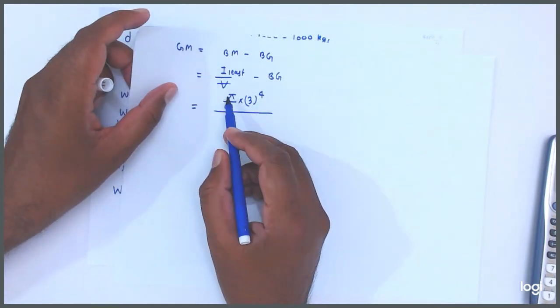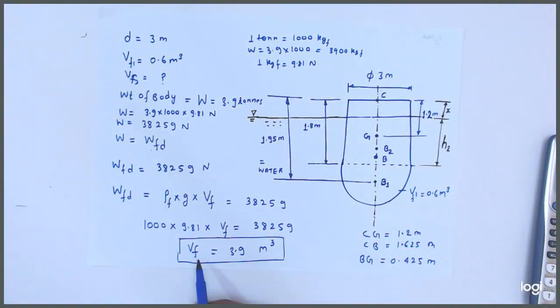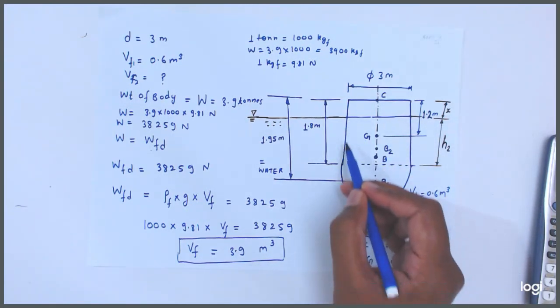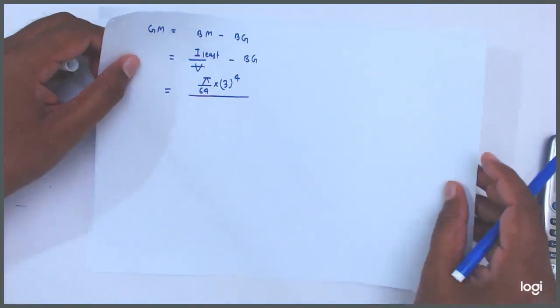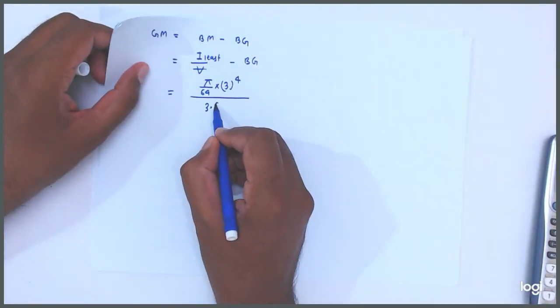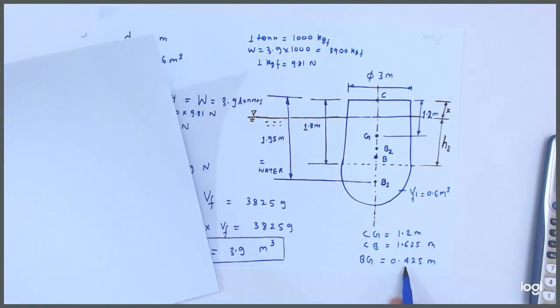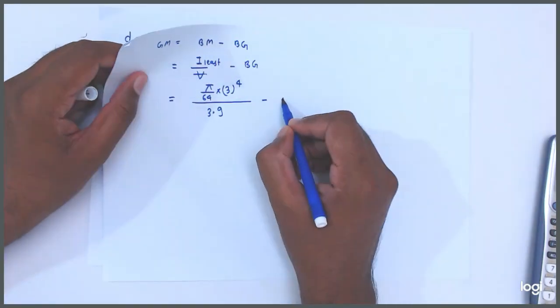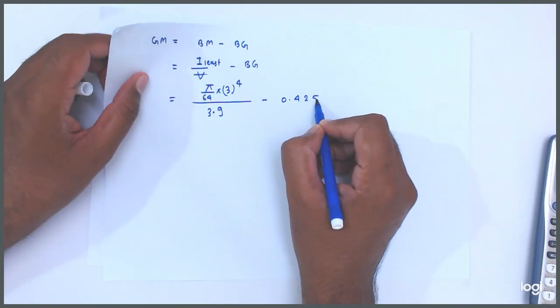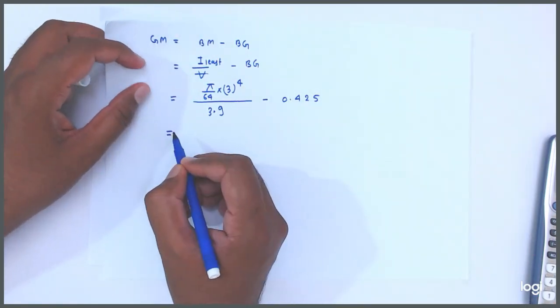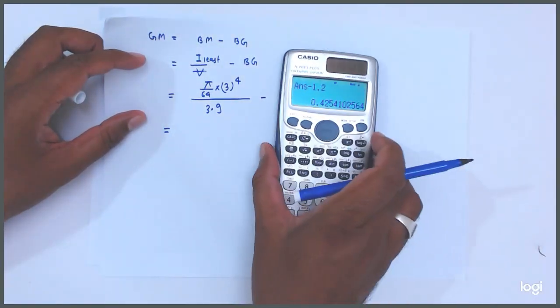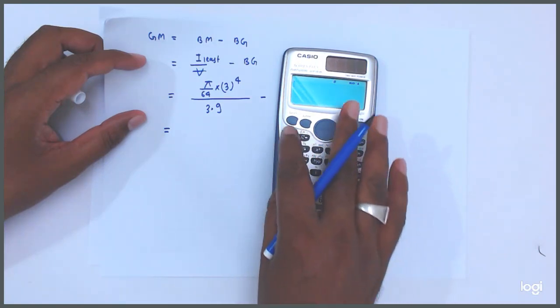And the total volume of fluid displaced, the total volume which is inside the water, is equal to 3.9. So divide by 3.9, minus the BG value already calculated, 0.425. Okay, friends, so we will calculate all the values here.